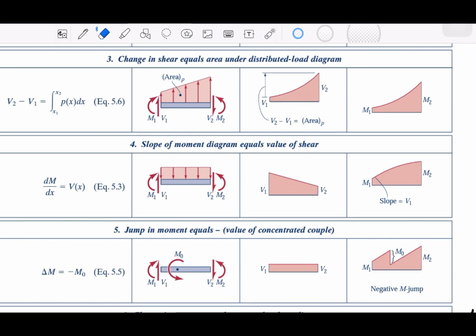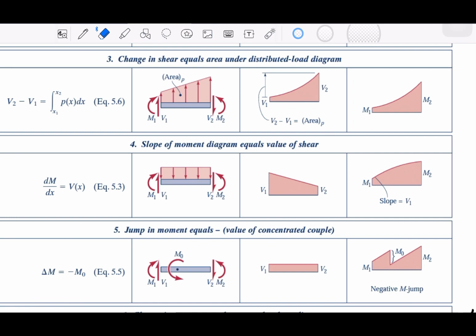So we have the external concentrated couple. The difference is we're not going to see any change in the shear, but in the moment. So the shear is a constant, but in the moment we are going to see a jump at some distance. There's some distance, and then we have a jump.